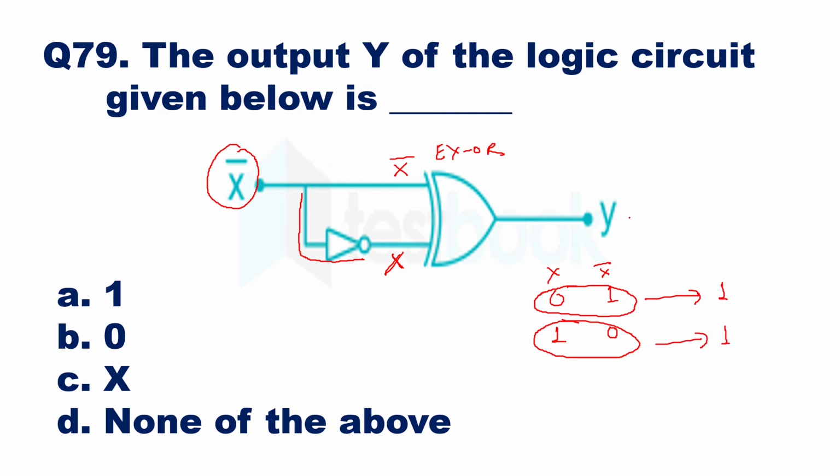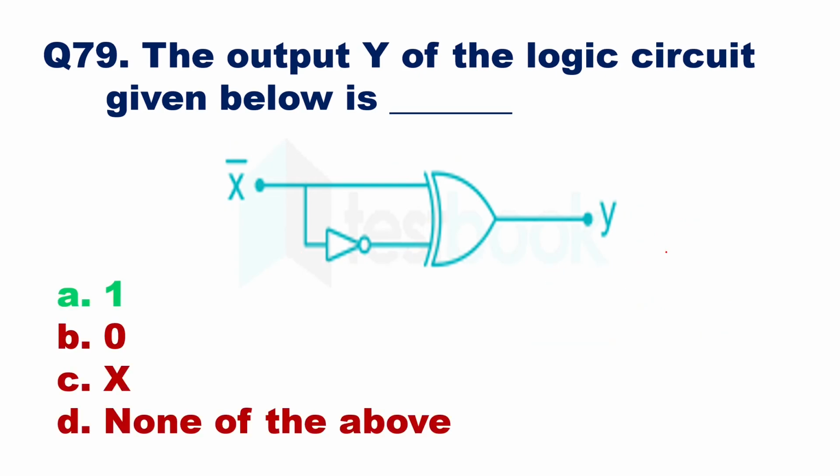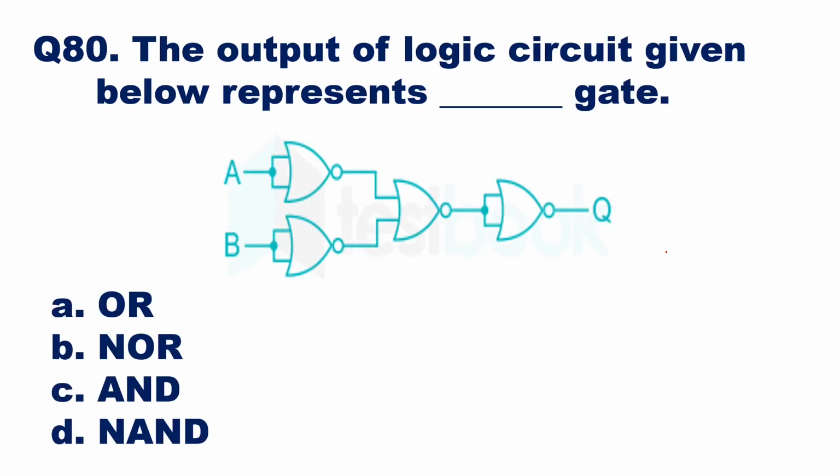So the output Y for X bar XOR X is equal to logical 1. So option A will be the right answer, that is logic 1. Then we'll go to the next question.